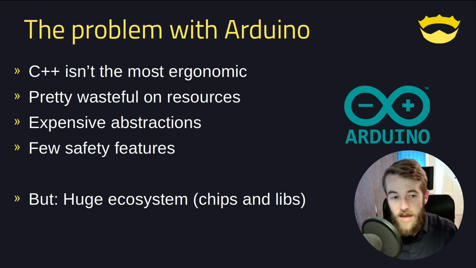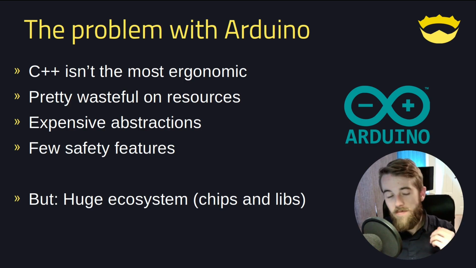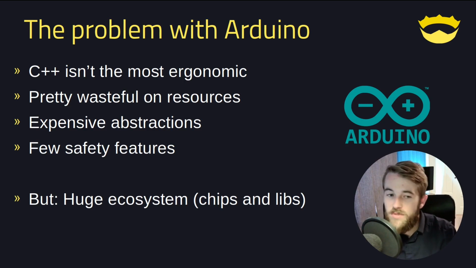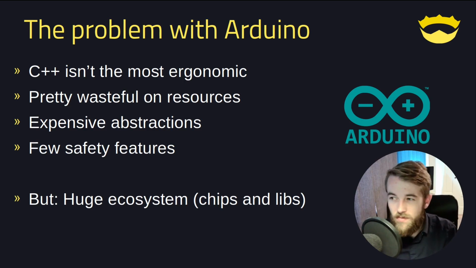But the abstractions in Arduino really take up a lot of program space. They store a lot of objects into memory. They pass around a lot of data that doesn't really change during runtime. So there's a lot of extra data that isn't really used for anything, or it doesn't have to be there at runtime. But we'll get back to that later.